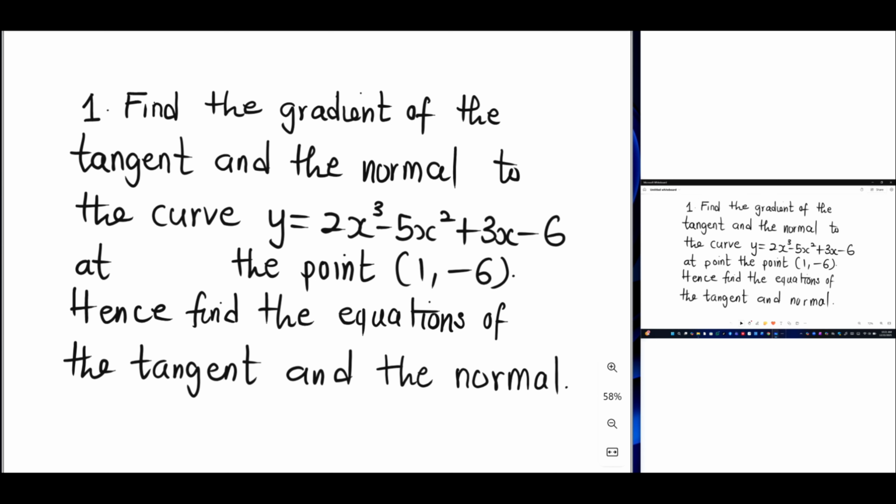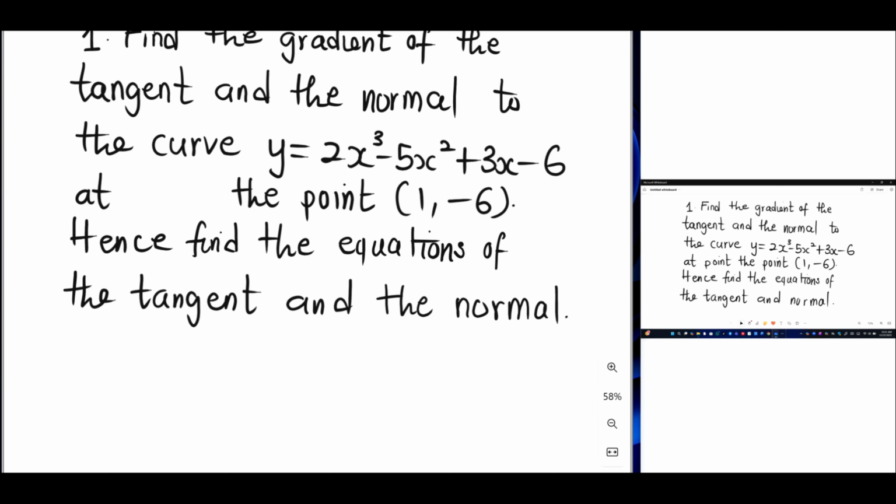So we have two questions to answer. First, find the gradient of the tangent and the normal. Then the second part is to find the equations of the tangent and that of the normal. So we start with the gradient first.